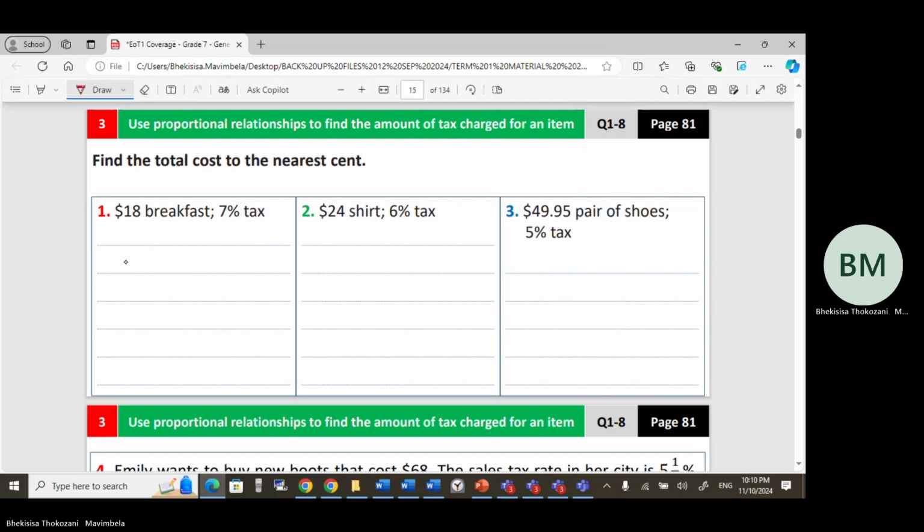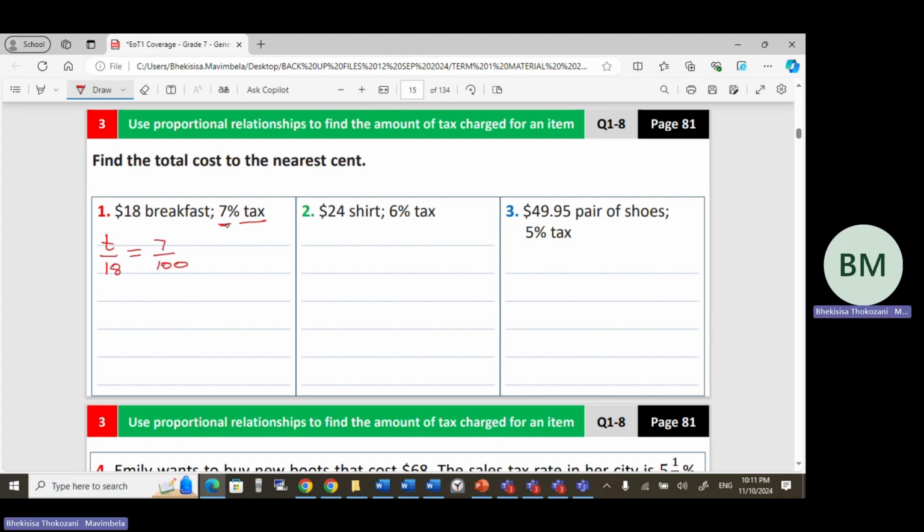Here we go. So this one here, we are going to use a proportional relationship. Because I'm talking about tax, I'm going to use T. I'll say T over 18 equal to 7 over 100.